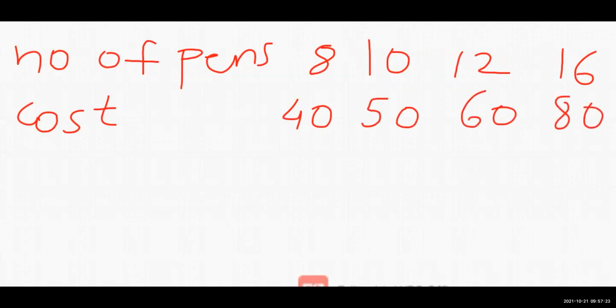See here the quantities. One quantity is 8, another is 10, then 12, then 16. After 8, what happened? 10 increased, after 10 comes 12, it also increased, and after 12 comes 16, also increased. So what is it showing? One quantity is increasing along with the other. Same regarding the cost: 40, then 50, then 60, then 80.